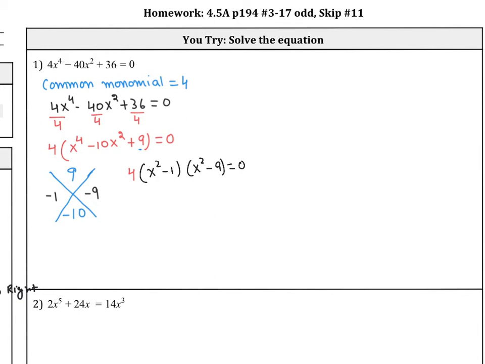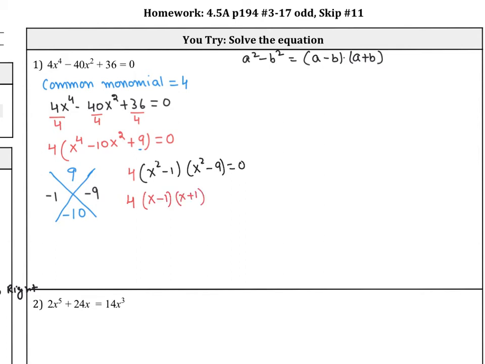You're going to apply here the difference of squares formula. I'm just going to remind you, the difference of squares formula is a^2 minus b^2 equals a minus b times a plus b. So the first factor is x minus 1 times x plus 1.